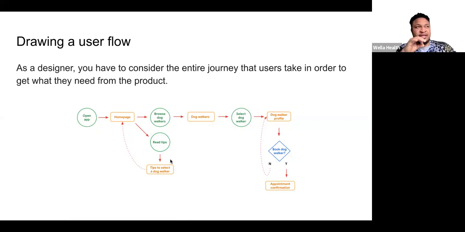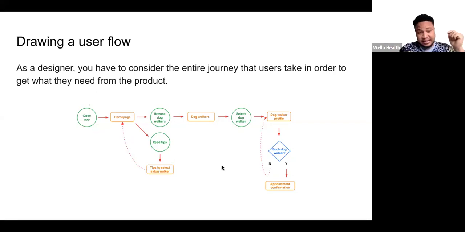The common idea is that when people are given assignments to design a user flow for booking a dog walker, for instance, they immediately go to their Figma and start drawing screens. It's only when you finish drawing your screens that you see the flow of your app doesn't make sense. Everything is beautiful, but it's not usable, because the flow just doesn't make sense.